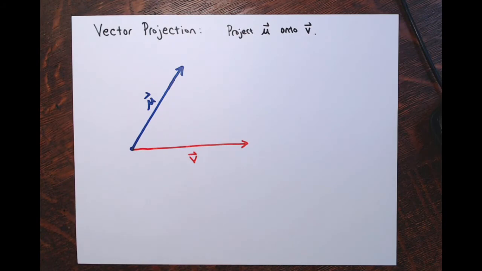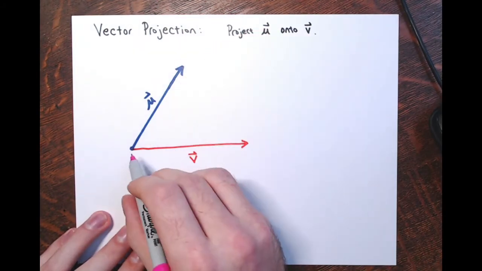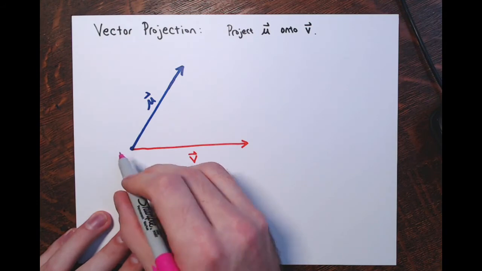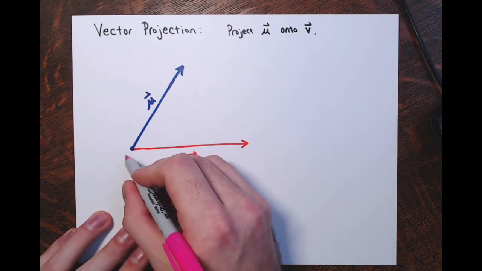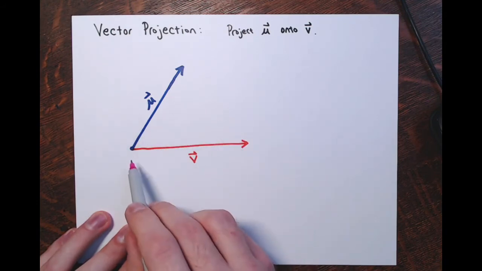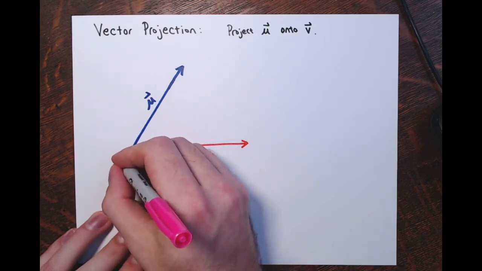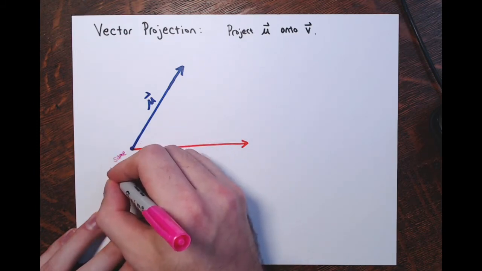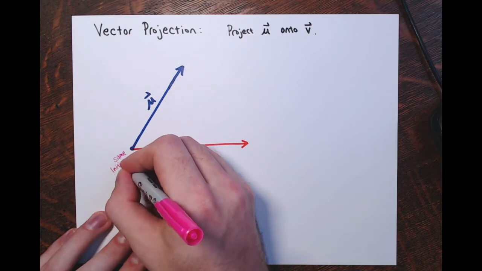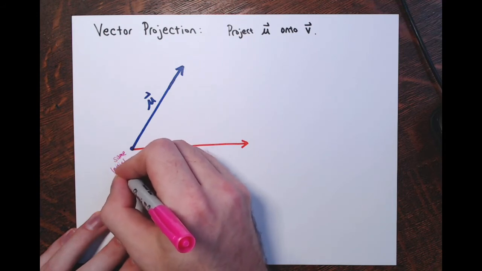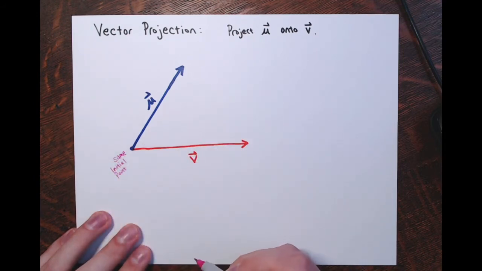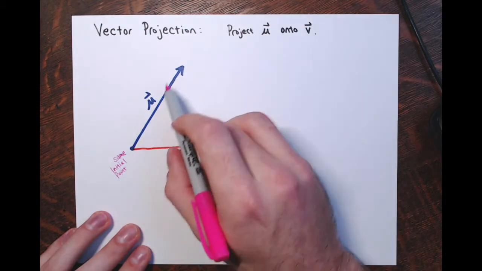So what you do is this. First you connect them, right? Make sure that they have the same initial point. So I'll write that here. Notice they have the same initial point. Right. And I wish to project u onto v.